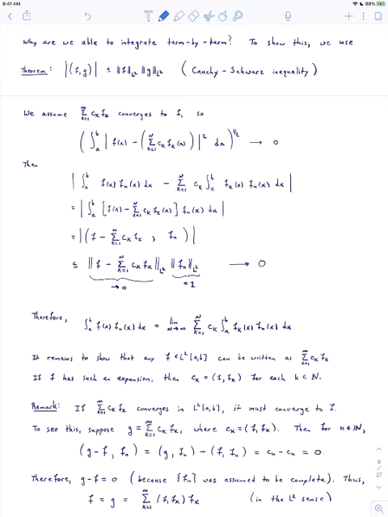So we assume that this series, the sum k equals 1 to infinity of ck fk, converges to f. That's our assumption. So what does that mean? That means that if you look at the L2 norm of f minus its partial sum, remember that's what this is. This is s sub n at x. So this quantity right here is the L2 norm of f minus Sn.